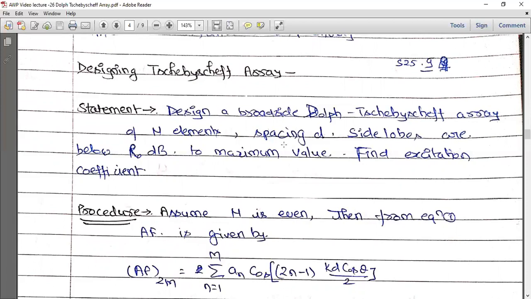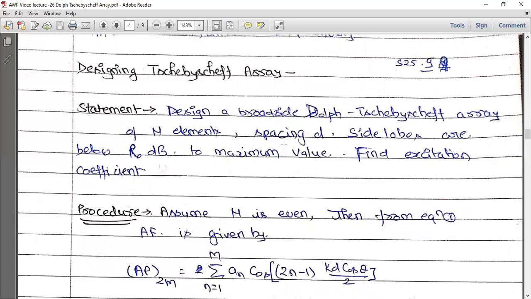The things which are given to you are very interesting in this particular case. One thing given to you is that the inter-element spacing is d, which we already understand. You are also given that side lobes are R0 dB below the maximum value.